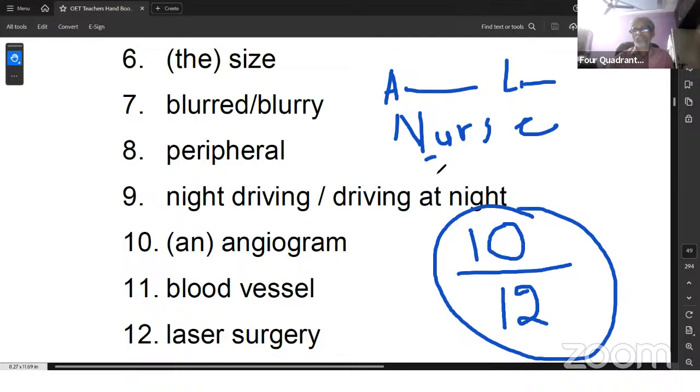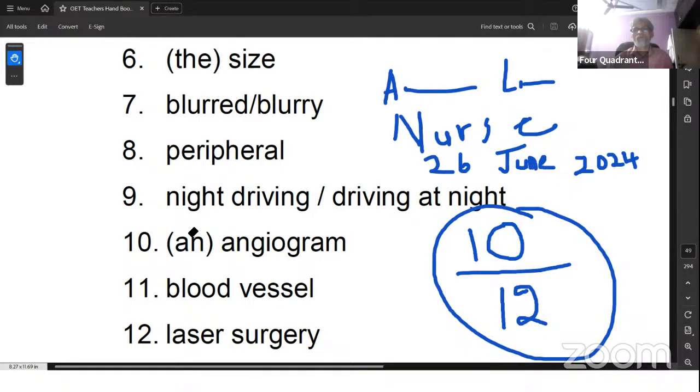That is 26 June. Write June in words. 26 June 2024.